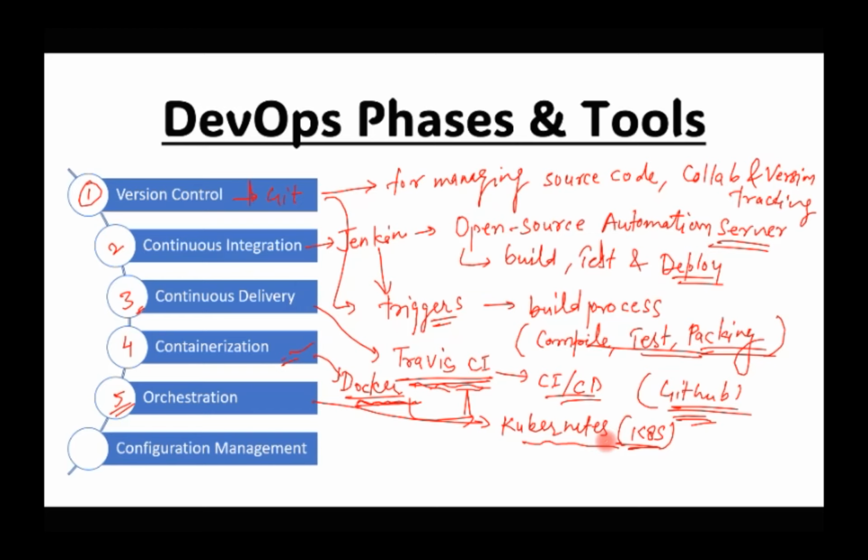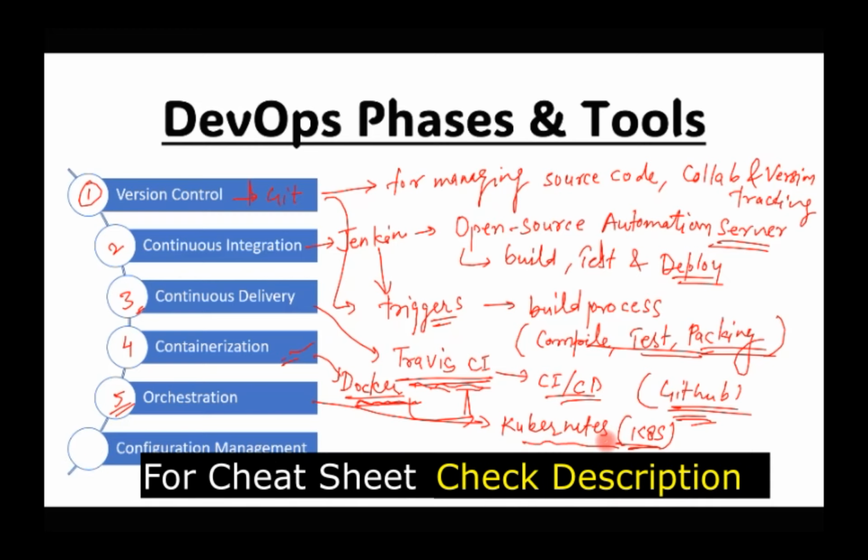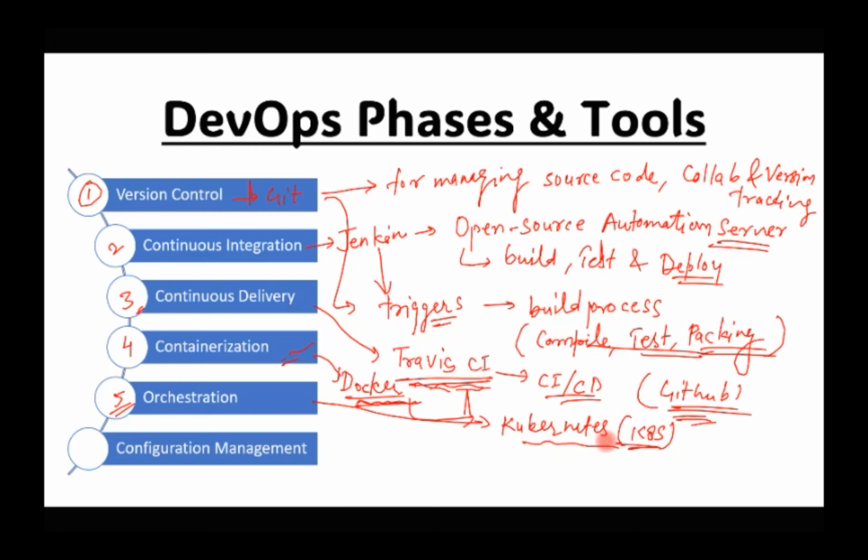If we talk about real-time scenarios, Kubernetes runs on a cluster of machines and automates the deployment, scaling, and networking of containerized applications, and can automatically scale applications up and down based on demand.